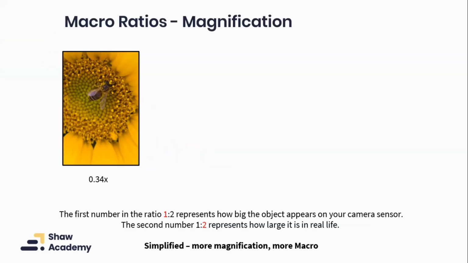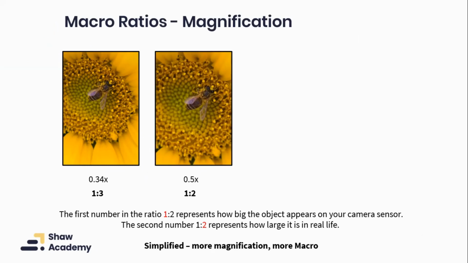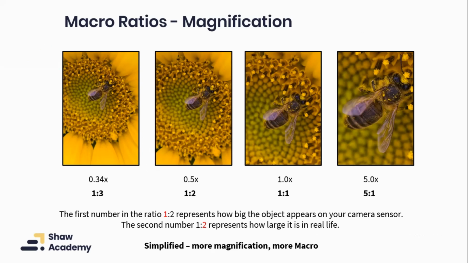So this brings us on to our macro ratios. There's different macro ratios that you will see sometimes when describing a photograph. And basically, when you see these kind of ratios like 1 to 3, 1 to 2, 1 to 1, or 5 to 1, or a variety of them, that's telling you what the magnification is on the subject. The first number represents how big the object appears on your camera sensor. The second number represents how large it is in real life.